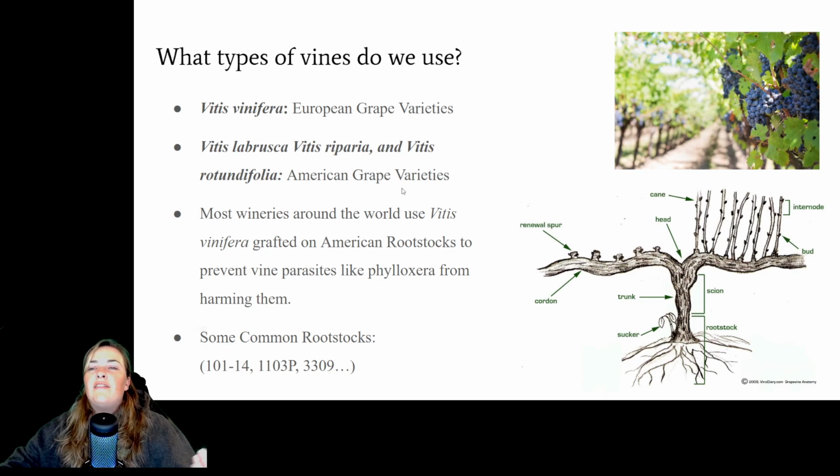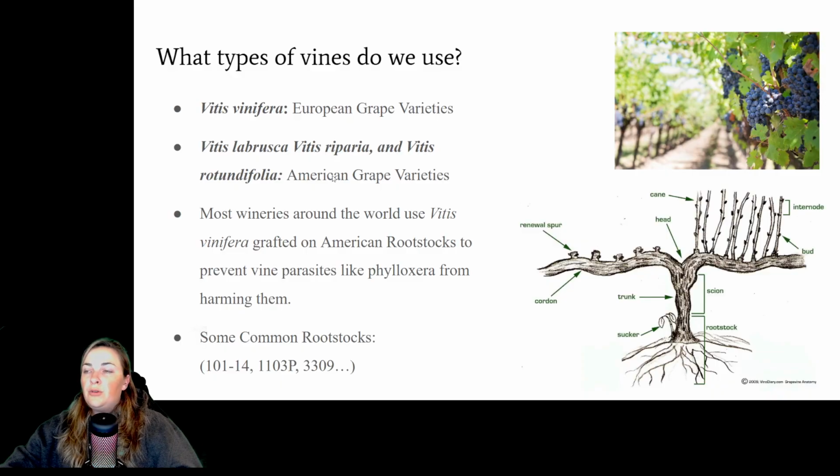We do have American grape varieties, and this includes Vitis labrusca, Vitis riparia, Vitis rotundifolia. These are varieties that are native to our soil, and the reason that these ones are important is because they are resistant to the pests on our side of the pond, basically, right? So phylloxera, nematodes, all these things.